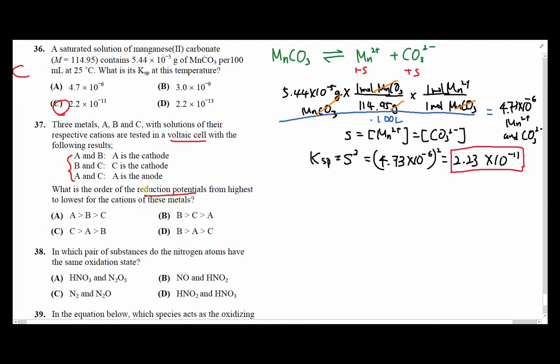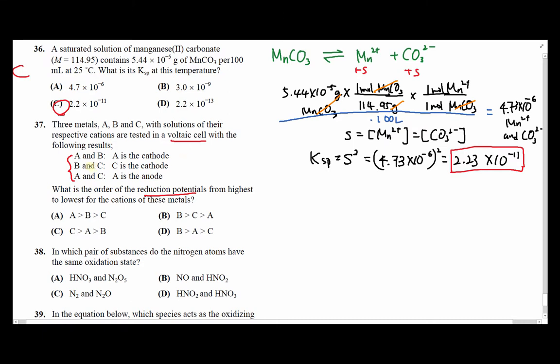We have 3 different anodes, the electrode. When we have a galvanic cell or voltaic cell, the one with higher reduction potential will be the cathode, because electrons always flow from anode to cathode.